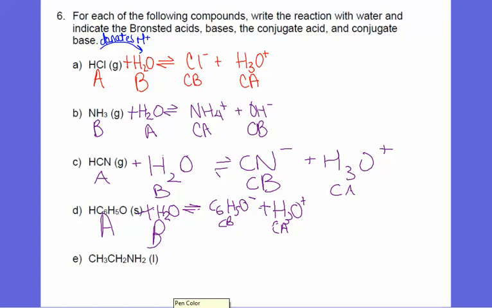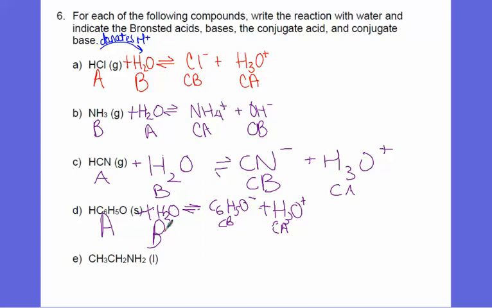starting next class, you will be given more information about the substance that will help you decide if it's acidic or basic. For example, for these 2 acids that we did in C and D, you would be given the Ka values of them. And that's how you would know it's an acid, because you're given the Ka values. For E, I would give you the Kb value.